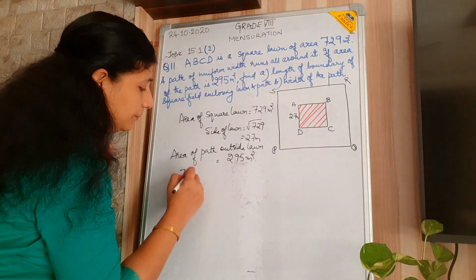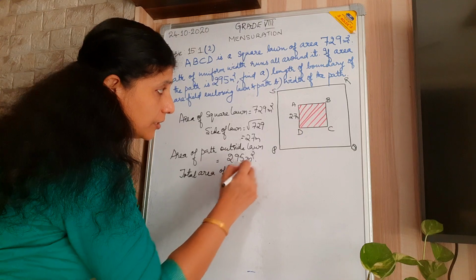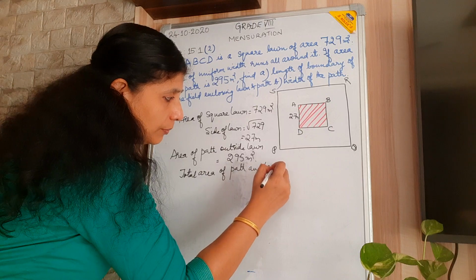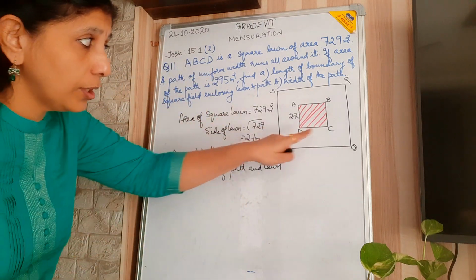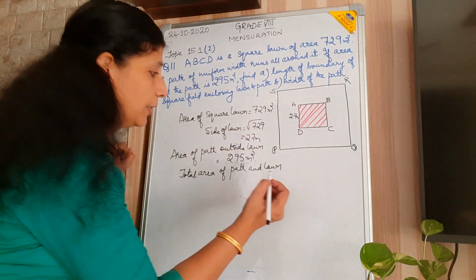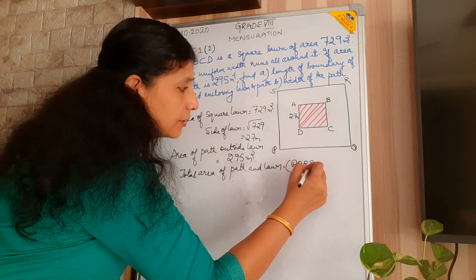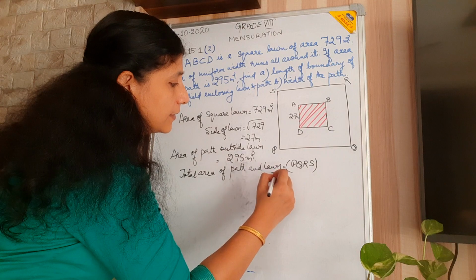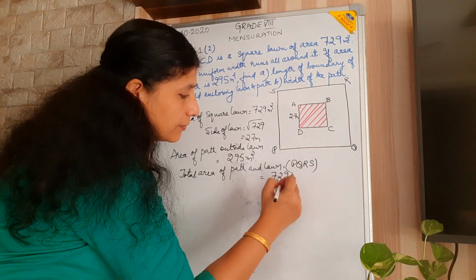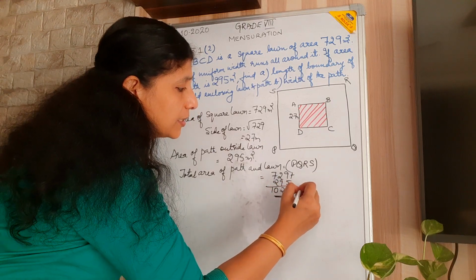The total area of the path and the lawn, that means the whole PQRS, is the sum of the two. So the area of PQRS is equal to 729 plus 295. It is 1024 meter square.